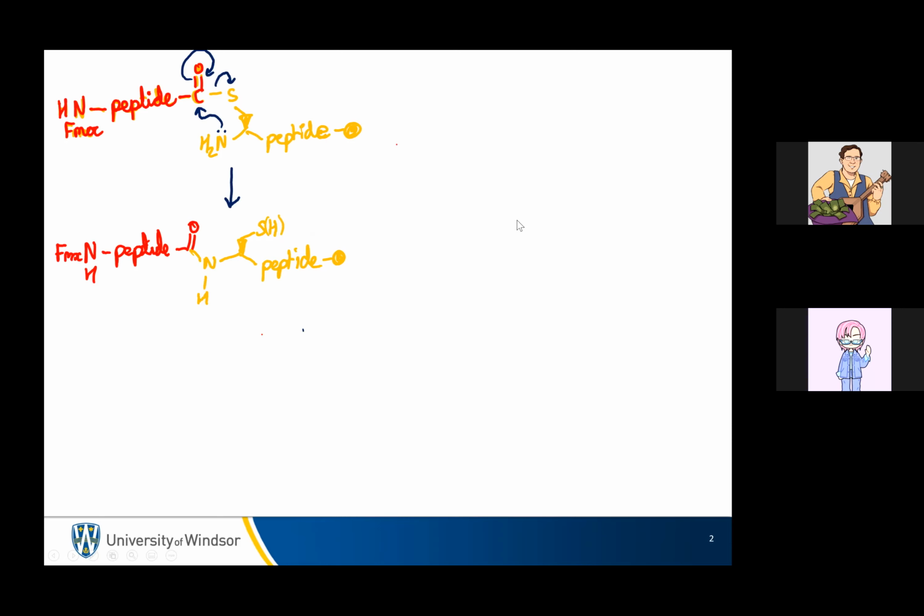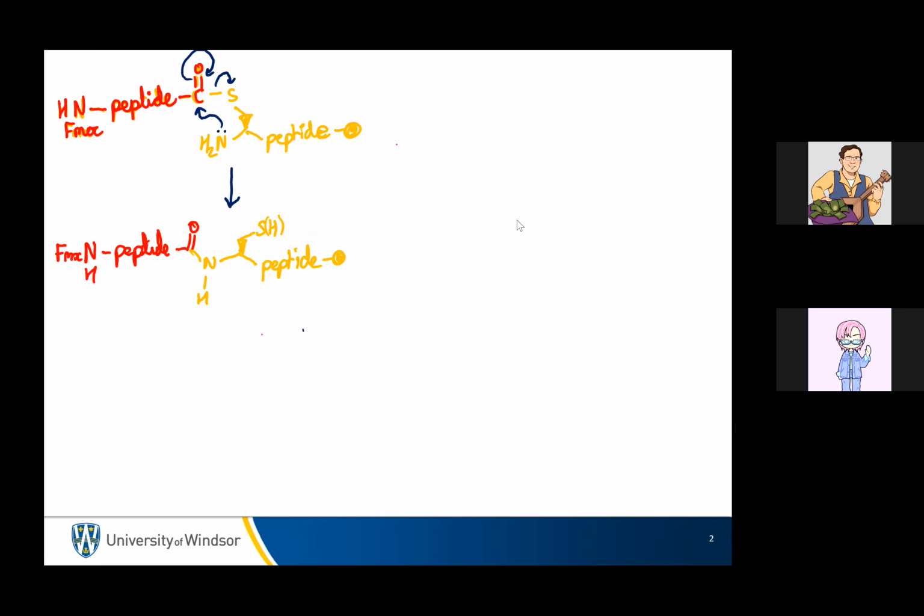So we finished last class talking about native chemical ligation, which is a way to connect different peptides together. I was thinking about discussing a few other methods. They're in the notes, but they get into heavy organic chemistry, and I decided that they don't add a lot of extra value.